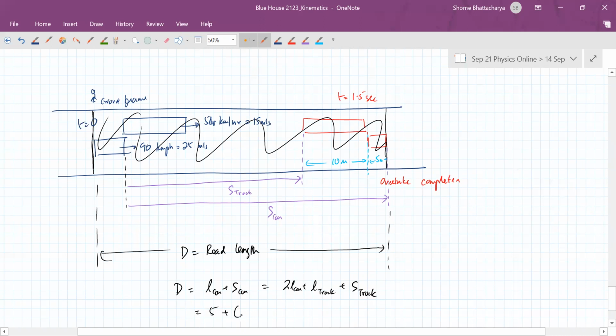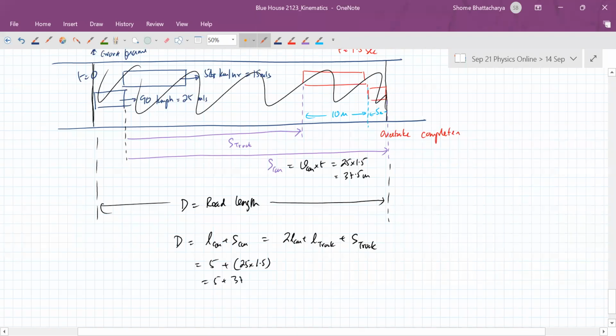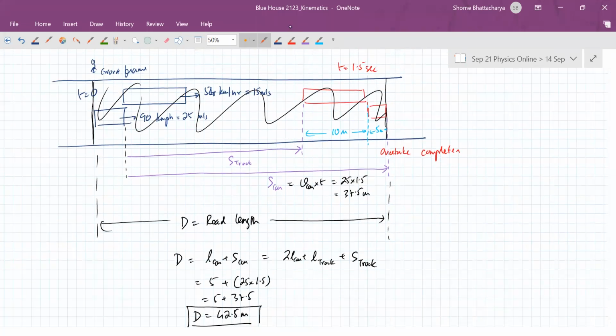The displacement of the car is the velocity of the car into time. So this is the road length that is required to complete the overtake maneuver.